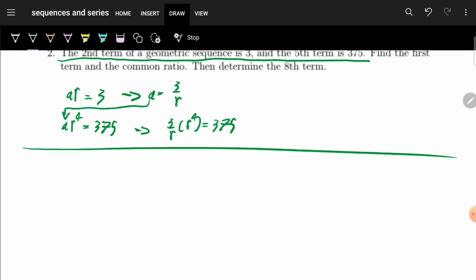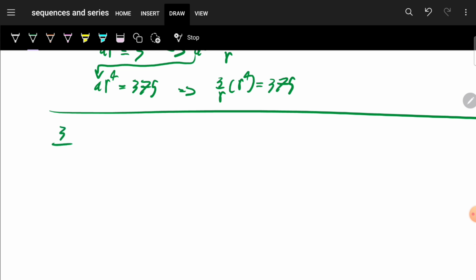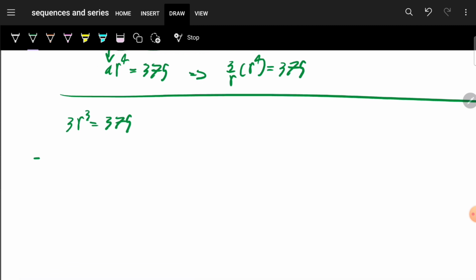Okay, now we're going to simplify that. So we have 3. I'll just cancel one of the r's from the bottom with one of the r's on top. So we'll end up getting 3r cubed is equal to 375. Let's divide both sides by 3. So we get r cubed is equal to 375 divided by 3.